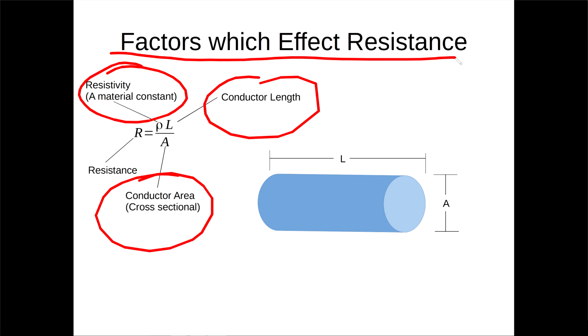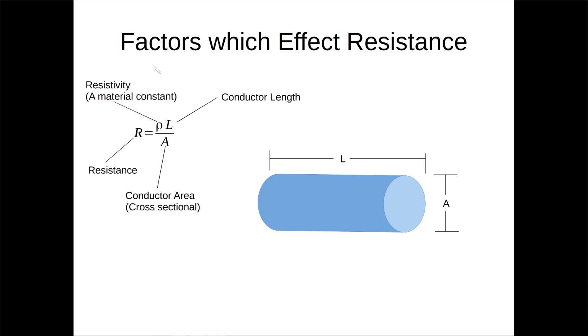If you've ever seen an electronic resistor, a resistor is just made up of a specific material, like a carbon film resistor or a metal film resistor. They take a conductor whose resistivity they know very well, and then they wrap that conductor around the resistor to a very precise length.